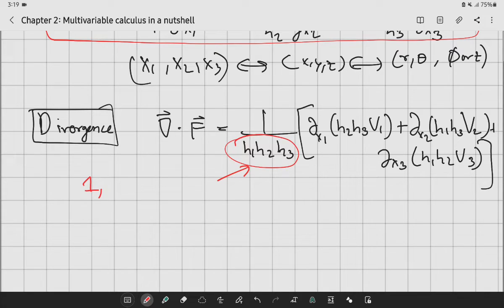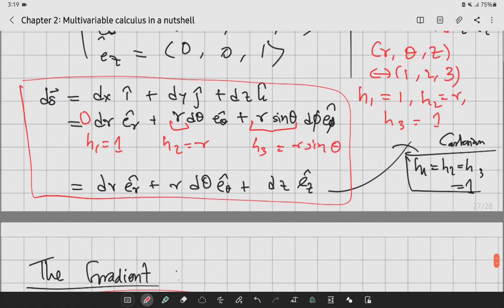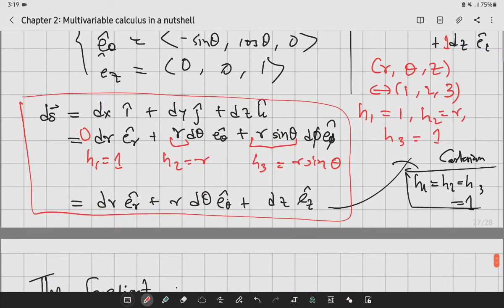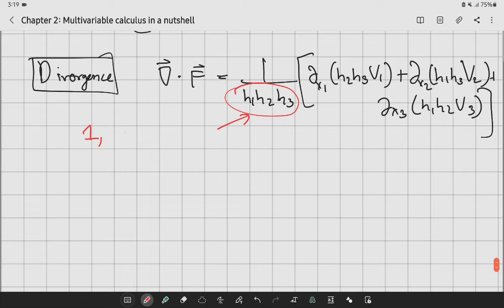In spherical you have 1 times r times r sine theta, the ones we found here. If I multiply them, I'll get r squared sine theta. In cylindrical, if you remember, I had 1, r, 1. Those are the h1, h2, h3. I'll just get r.